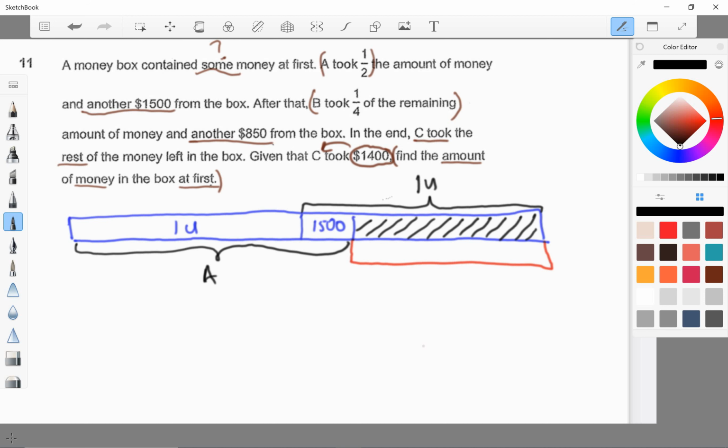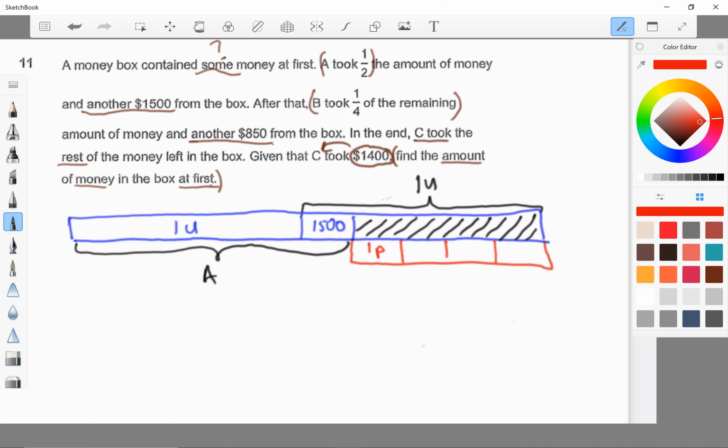So next up, my shaded portion is my remainder, and it said that B took 1/4 of the remaining. So this means that the shaded portion has got to be cut into 4 equal parts. In this case it's being divided up, and I can't be using units anymore, so I have to be using parts. So 1 part together with 850.